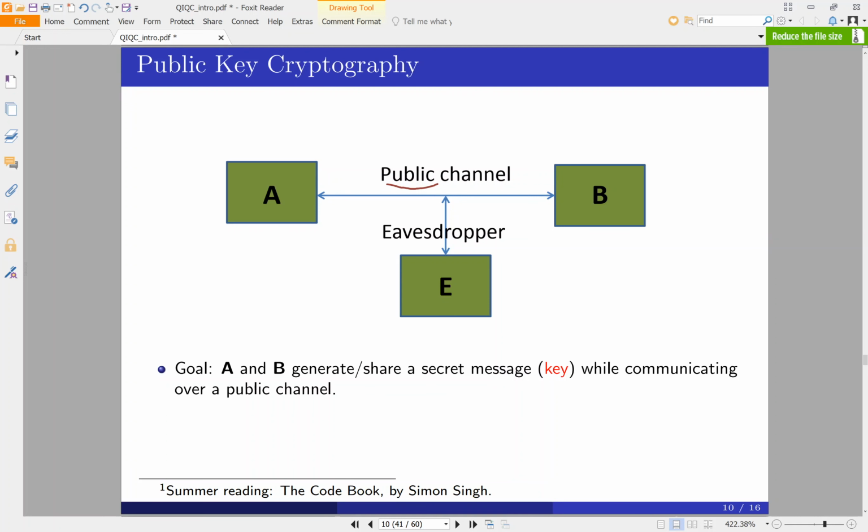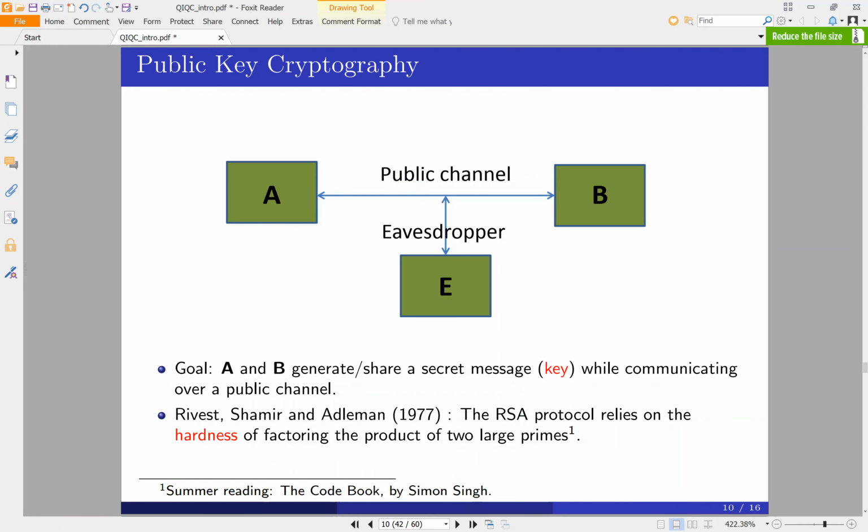Is it possible for these two people, A and B, to share or generate a secret message even while communicating over an insecure channel, a channel that is not private but rather public? The answer is yes, and that's the idea of public key distribution, right?